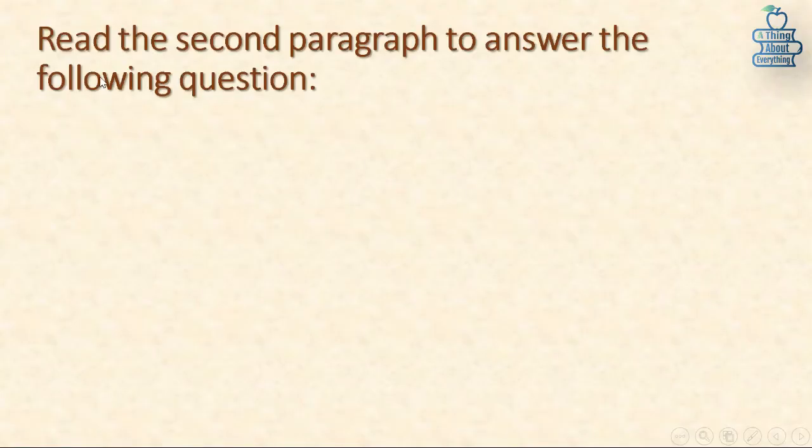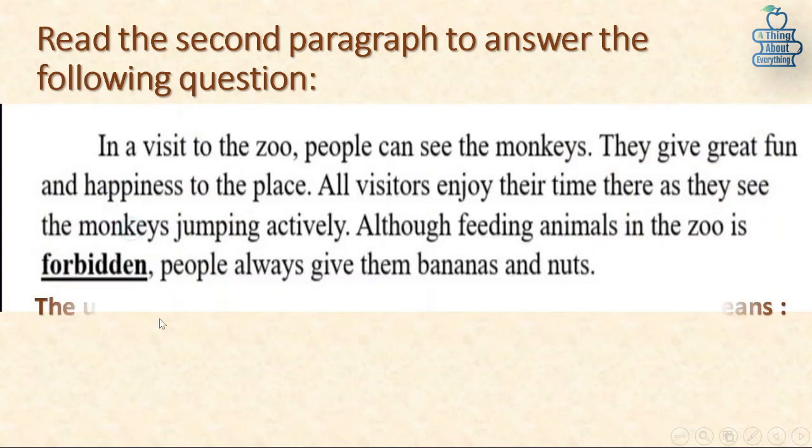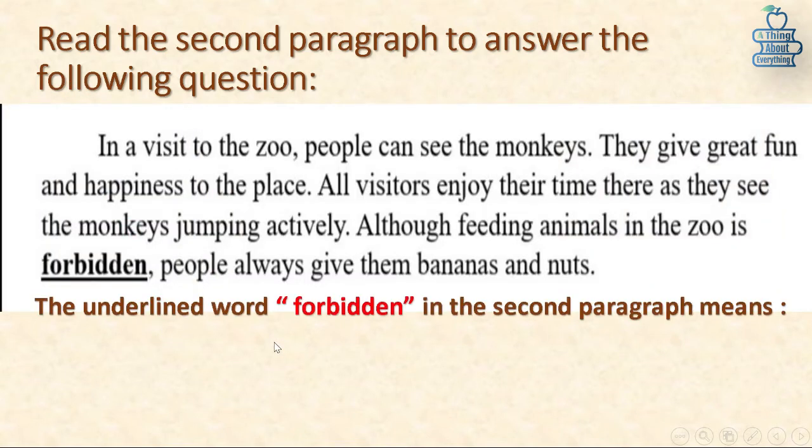Now let's read the second paragraph to answer the following questions. Here we are talking about details, or again here we are talking about the underlined word: forbidden in the second paragraph means. So here we are talking about the meaning of a word. For the meaning of a word you have to read before and after the word.